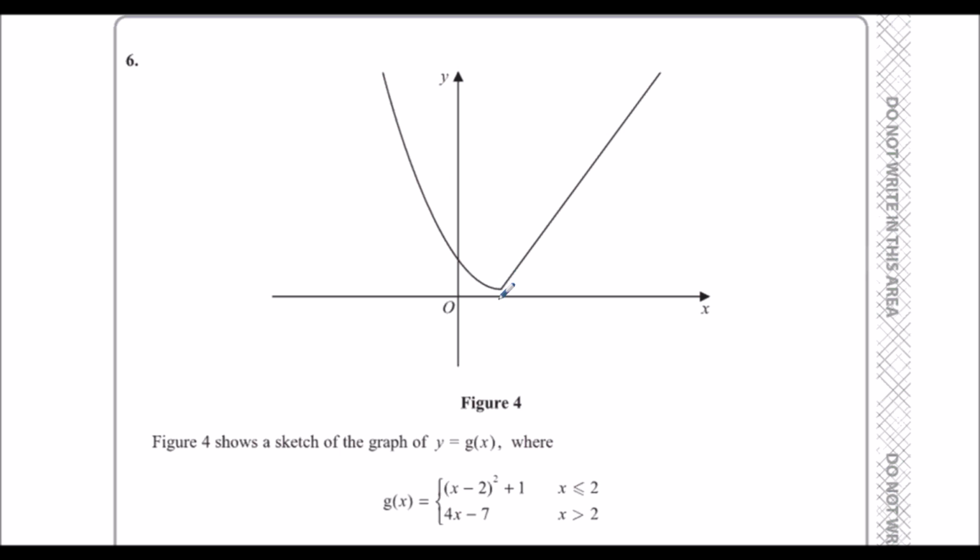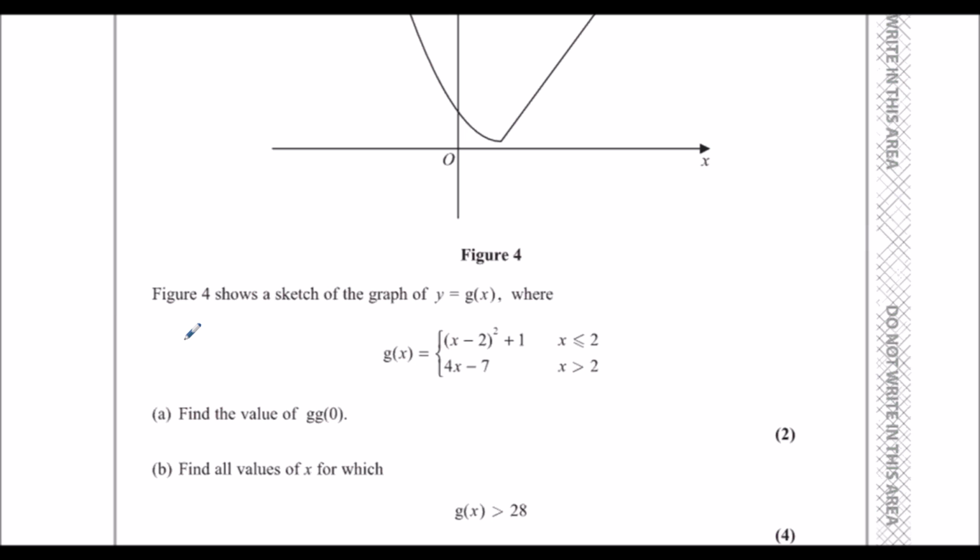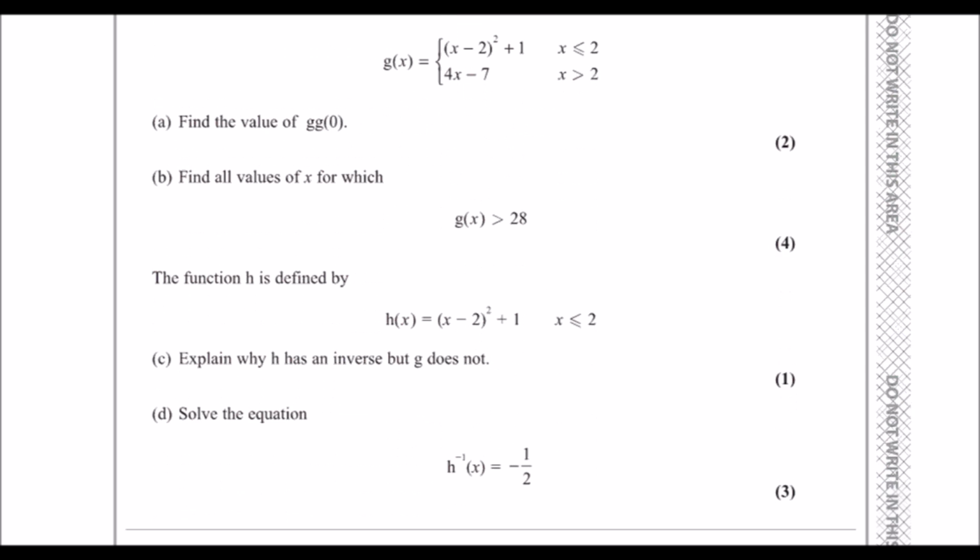So we've got two different parts to the graph, one when x is bigger than 2 and one when it's less than or equal to 2. Part A says find the value of g of g of 0. So we're going to put 0 into the function, and then the answer we get out from that we're going to put into the function again. So let's do g of 0 first.